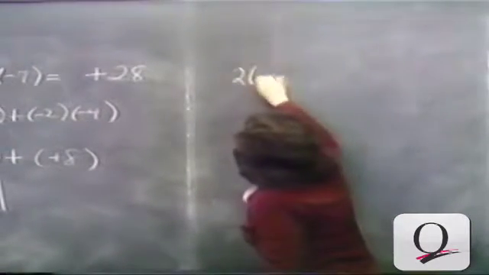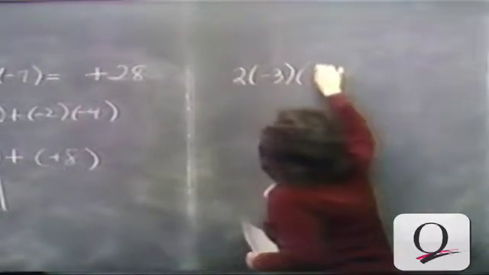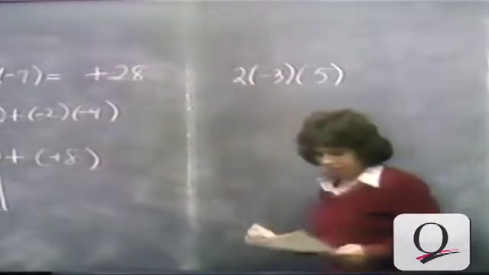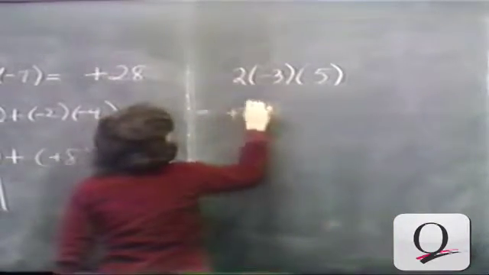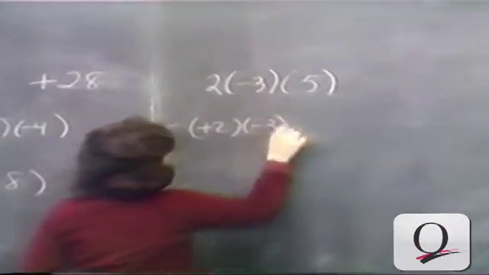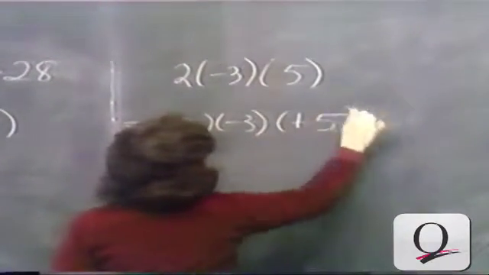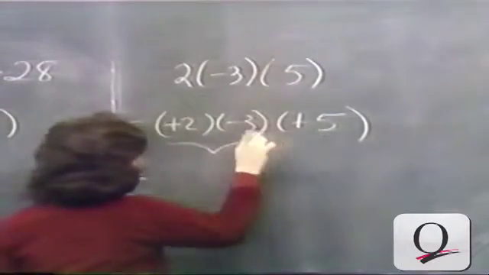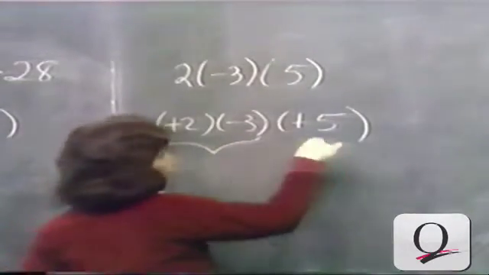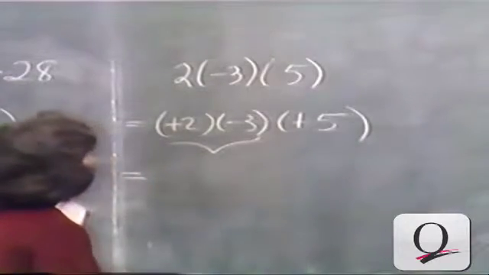Okay, let's try some more. 2 times minus 3 times 5. This is really plus 2 times minus 3 times plus 5. We can multiply these two numbers together and then take that result and multiply it by plus 5.